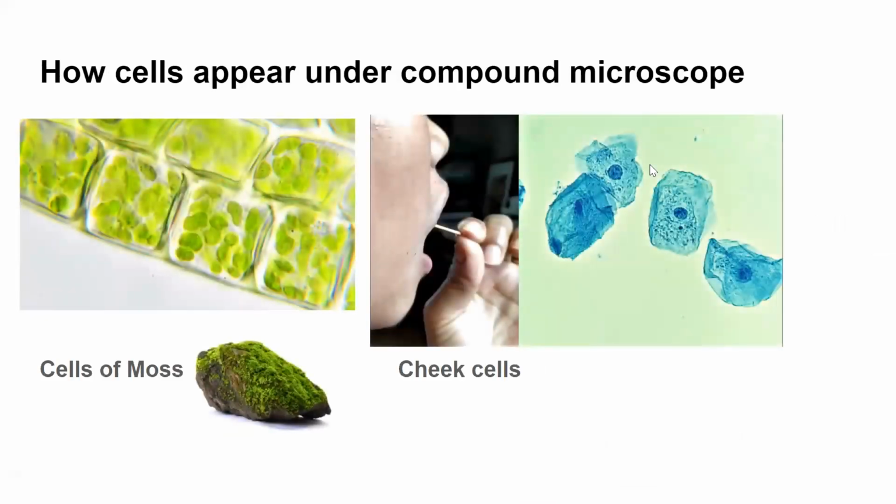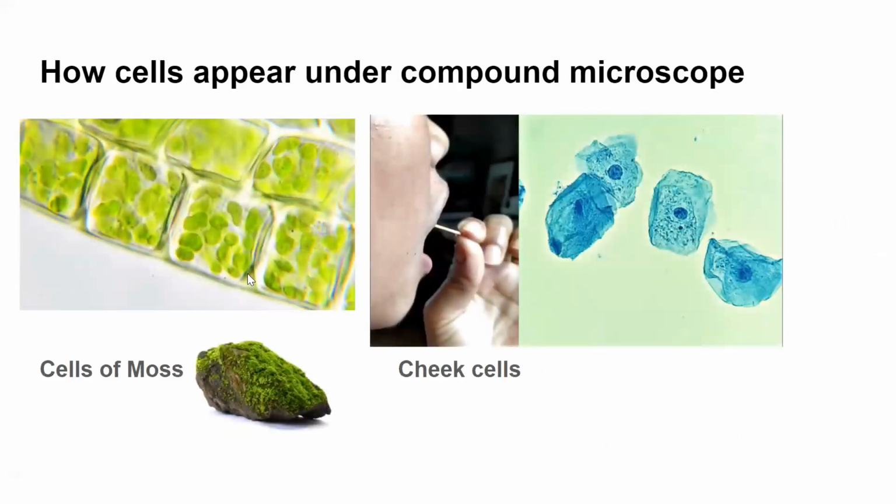And under the compound microscope, scientists noticed that earlier they thought that a cell just has a cell membrane and a dark patch that is the nucleus. That is not the only thing that is there in the cell. There are many other things.